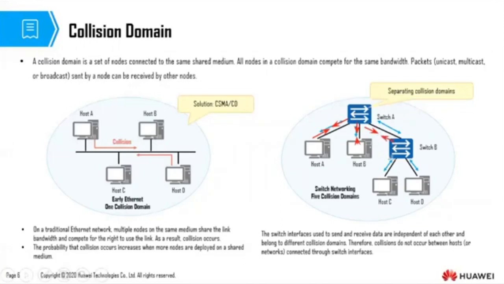What we say is that switches break up the network. This one gives us one collision domain, which makes scalability of such a network a big problem, because as the number of devices increases, the chances of collision also increase proportionally.